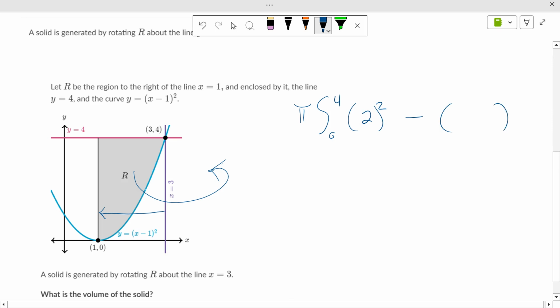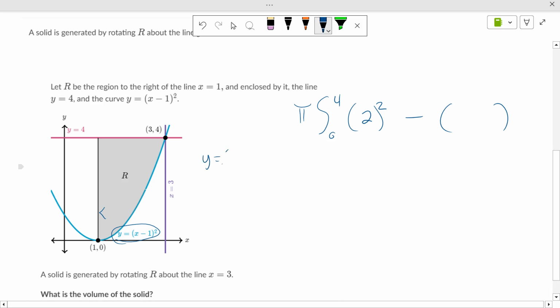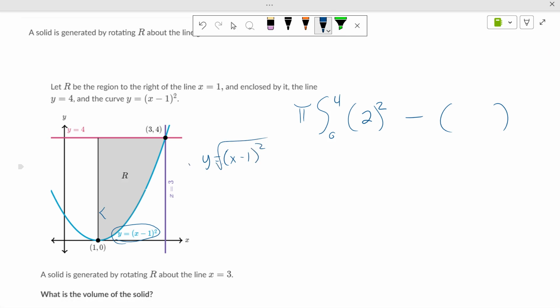minus the inner axis. Now, the equation of this line is in terms of y. This line is in terms of x. What do I need to do? Solve for x here. So, we have y equals x minus 1 quantity squared. So we're going to take the square root of each side.